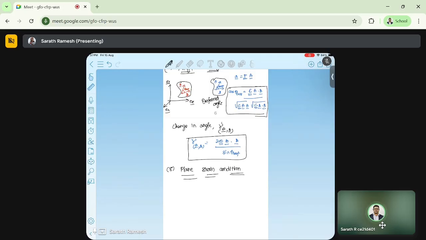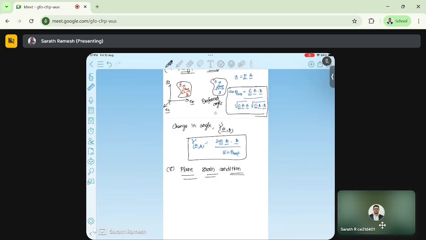For example, in case of huge long dams or retaining walls, in the dimension which is heavier or lengthier, we can assume the strain in that direction is zero. This will simplify a 3D analysis into a 2D analysis, and it will help us in solving the problem very easily.